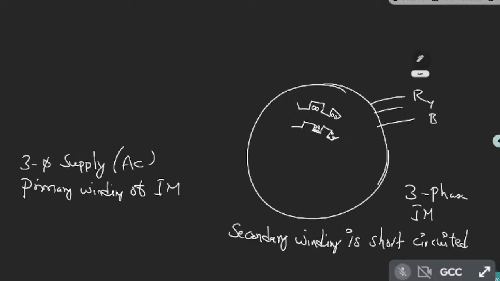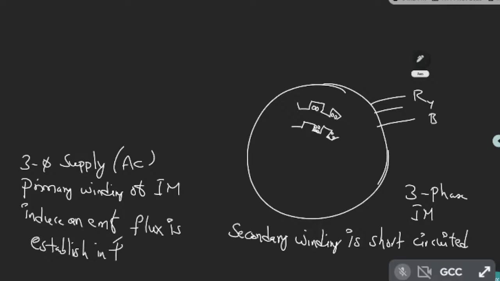this stator is capable of inducing an EMF. In a transformer also it is the same: the primary induces an EMF. Here also the primary induced EMF will be induced. In the same way, flux will be established in the stator.